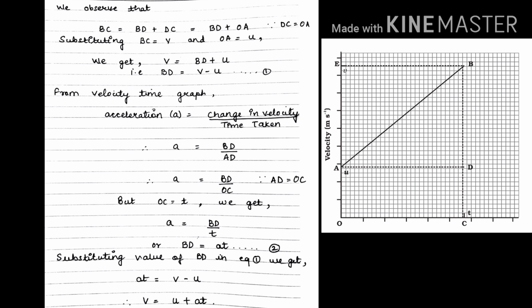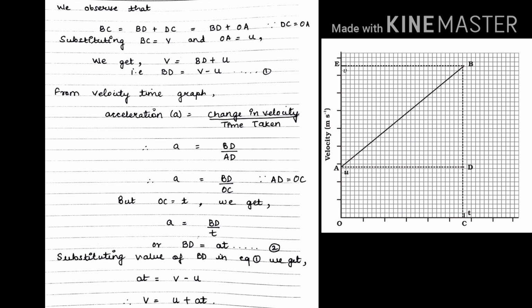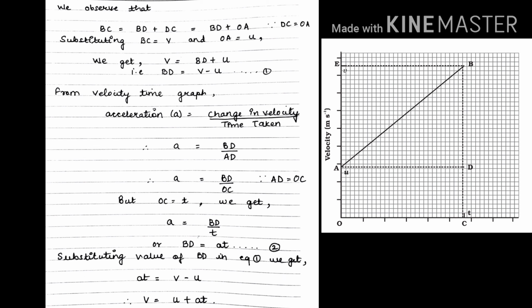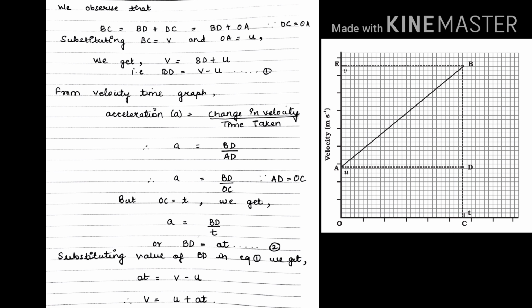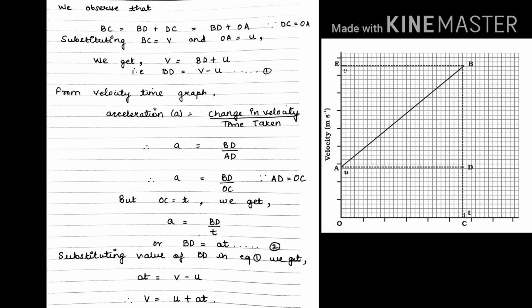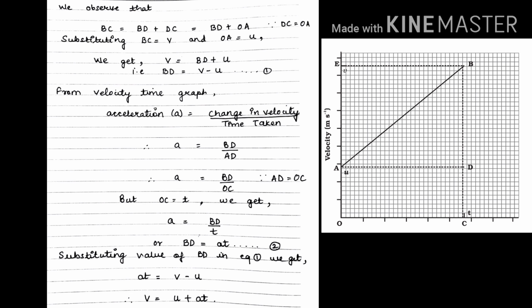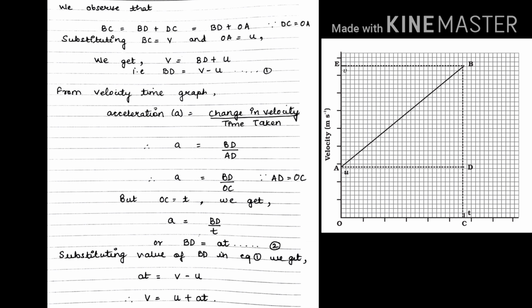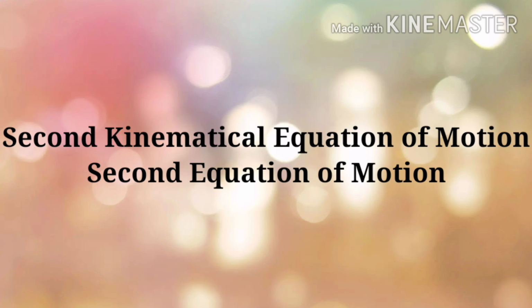In this way, we found the first equation of motion by using the graphical method. Is it very simple? Yes. Similarly, we will calculate the second equation of motion, or we can say the second kinematical equation.